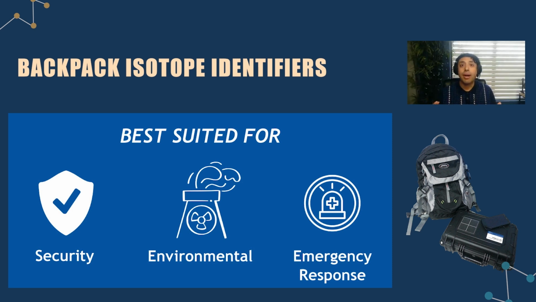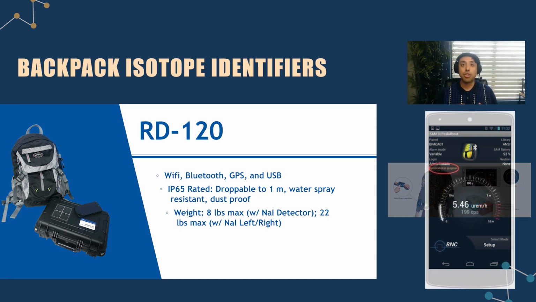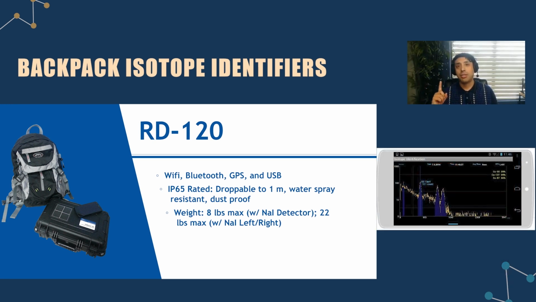A great example of a backpack isotope identifier is our RD120. This model exemplifies the category's advantages, offering exceptional sensitivity and battery life in a design that's both user friendly and robust. So, its capabilities make it a valuable tool for a broad range of applications from scientific research, environmental assessment, to security and emergency response.